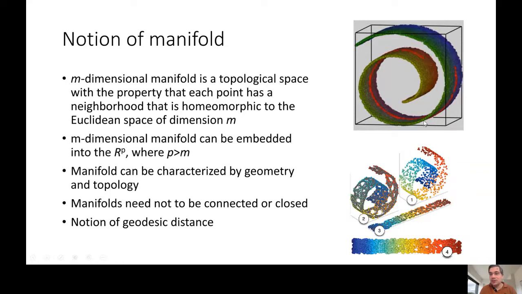Here is an illustration. To go from point A on the manifold to point B here, you have to cross this whole path, passing through the manifold. So if we know the geometry of the manifold, then we can compute this geodesic distance, which is simply the shortest path without exiting from the manifold.